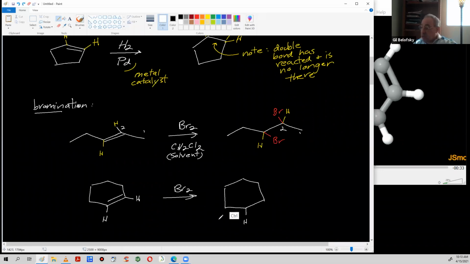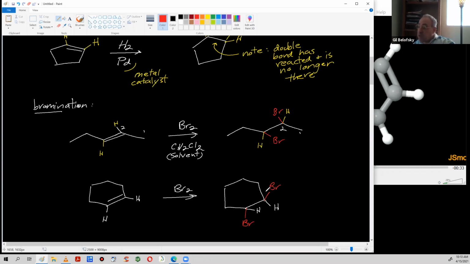I should change the bond types. So if one bromine comes in and adds to the top, that means the hydrogen that was there would be pointing down. And then if the other bromine is added, it would come in from the other side.